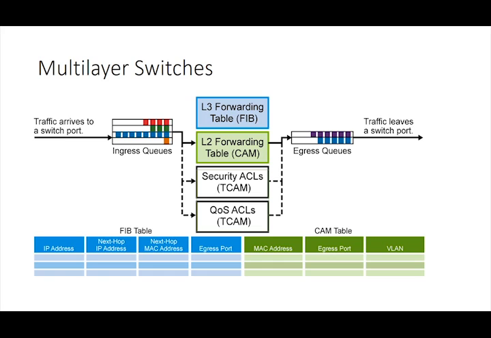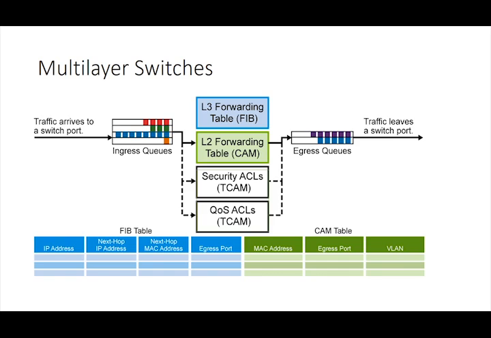Incoming frames can be classified according to QoS parameters, and the traffic can then be prioritized and limited. QoS decisions are also made by the TCAM in a single table lookup.